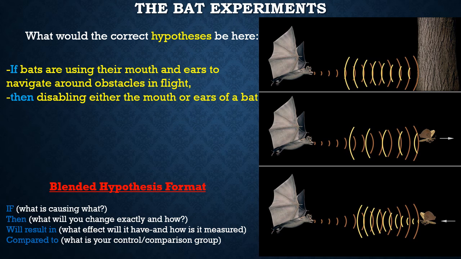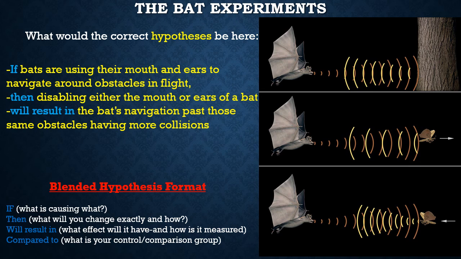Then you could say by disabling either the mouth or ears of a bat will result in, what's going to change? The bat's navigation past those same obstacles, having more collisions. So we're going to have an increase in collisions. You could say having an increase in number of collisions would be another way of saying this.